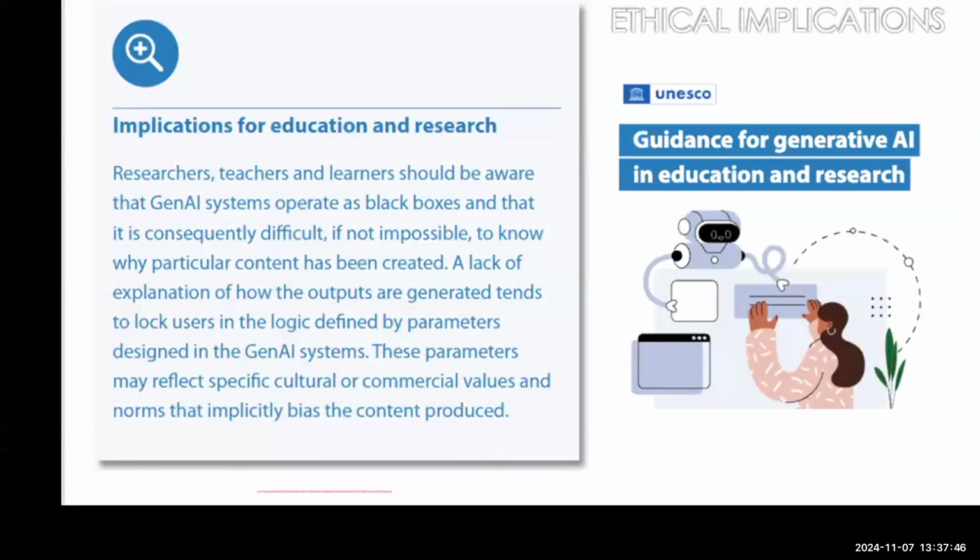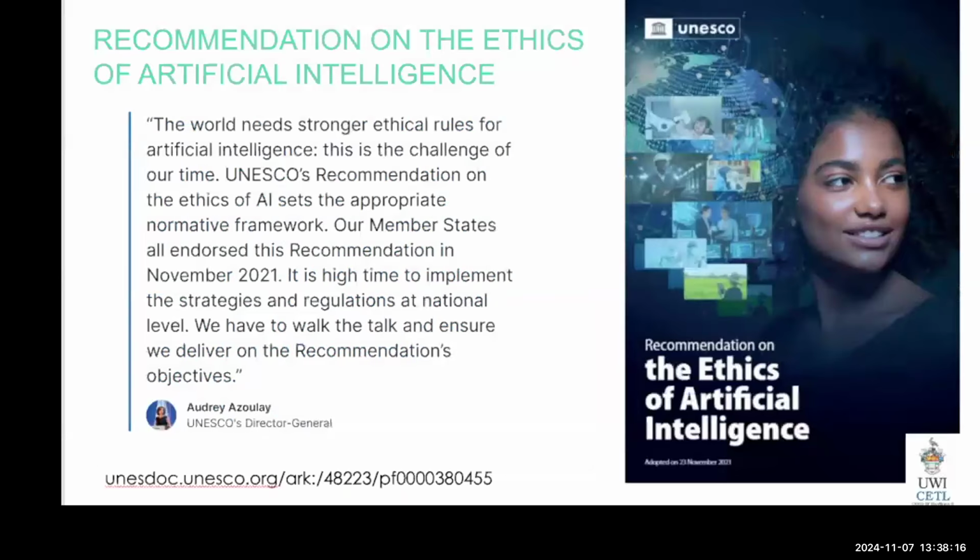A lack of explanation of how the outputs are generated tends to lock users in the logic defined by the parameters designed by generative AI systems. You know, these parameters may reflect specific cultural, commercial values, and norms that implicitly bias the content produced. So this is why we ought to use AI from a social, ethical, responsible aspect.